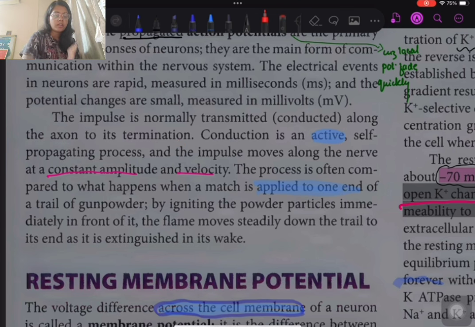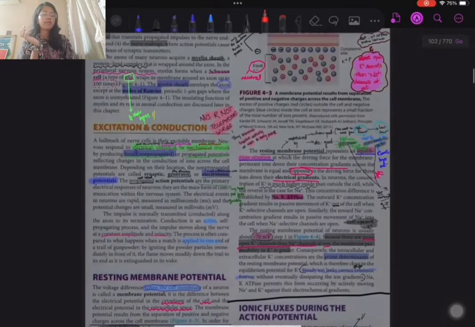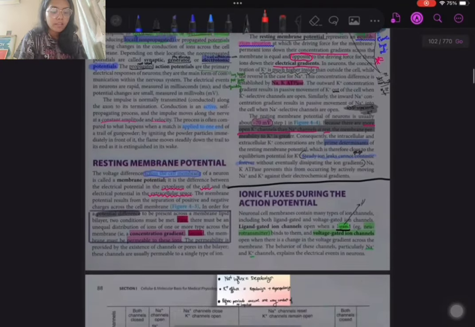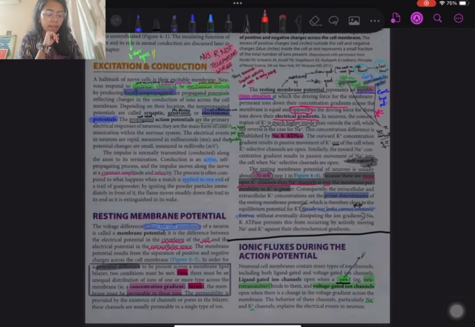Conduction is an active, self-propagating process, and the impulse moves along the nerve at a constant amplitude and velocity. The process is often compared to what happens when a match is applied to one end of a trail of gunpowder. Okay, the example which I had told. So pay attention up to here. In the next video, we will do resting membrane potential and action potential.